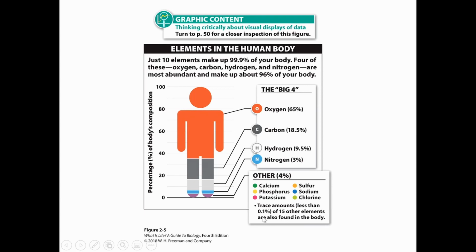Trace amounts, meaning less than 0.1% of 15 other elements, are also found in the body. So there are other things like iron. We do find iron in the body, but very, very rarely. So it's an interesting way to look at this and kind of know what makes up you. This is the general breakdown, right, of the different elements that are found in your body and all the people that you know.